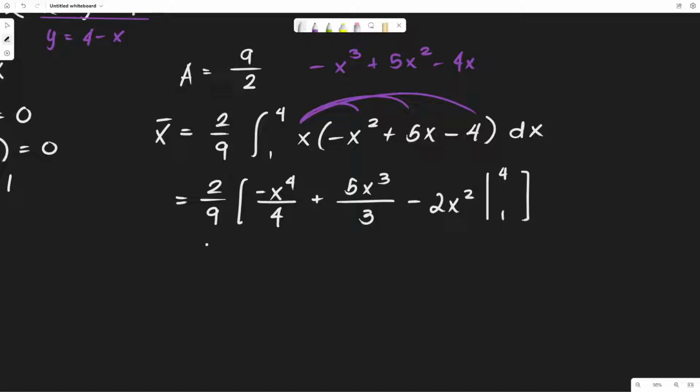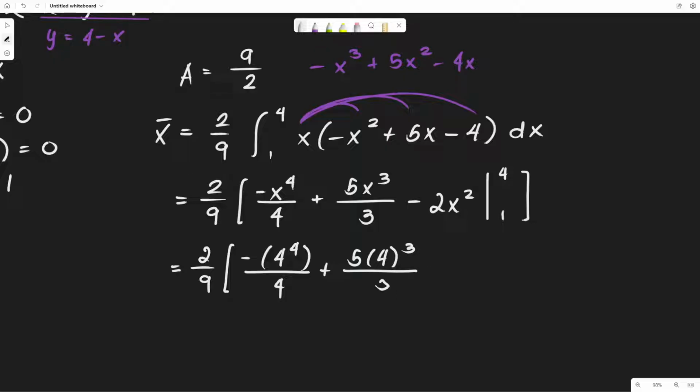Okay? So, substitute lang natin. So, therefore, we have 2 over 9, no? 2 over 9 times negative 4 to the 4th over 4 plus 5 times 4 cubed over 3.